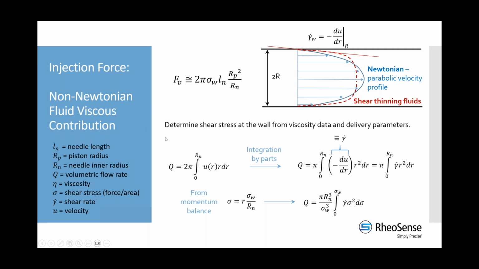So what we're going to do, if you're familiar at all with the WRM correction, Weissenberg, Rabinowitsch, Mooney, I can't remember all the names, it's basically the correction that you need for certain types of inhomogeneous flows for non-Newtonian behavior.